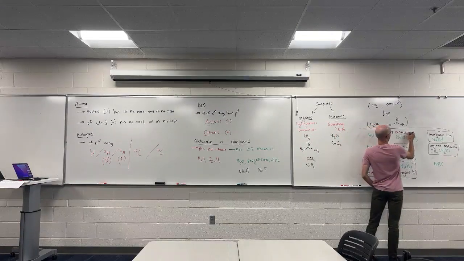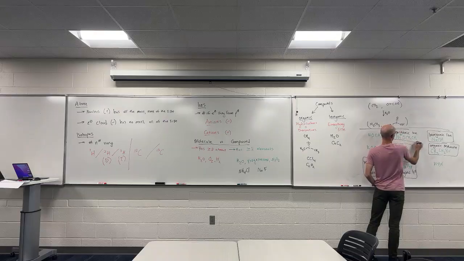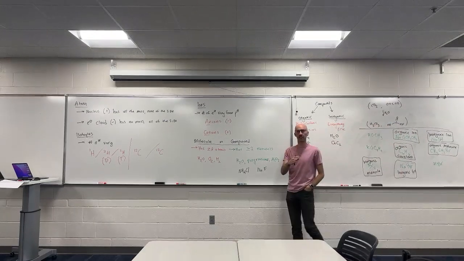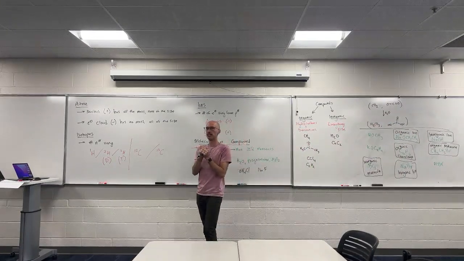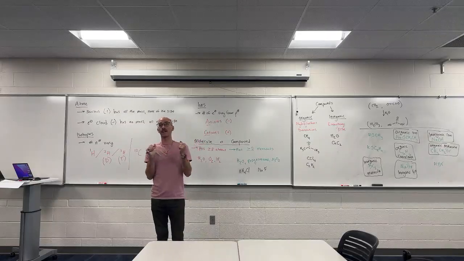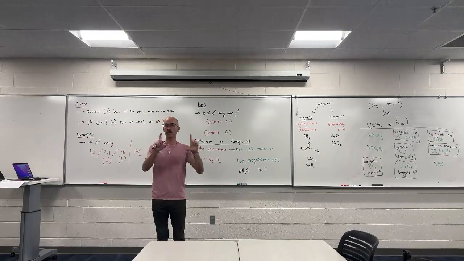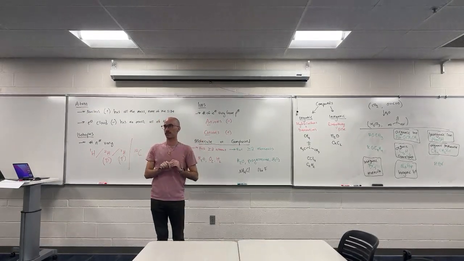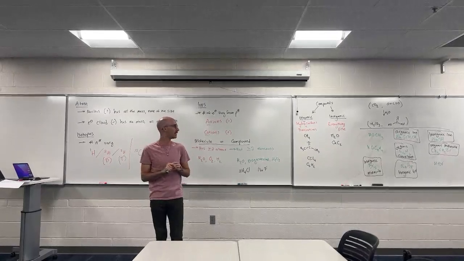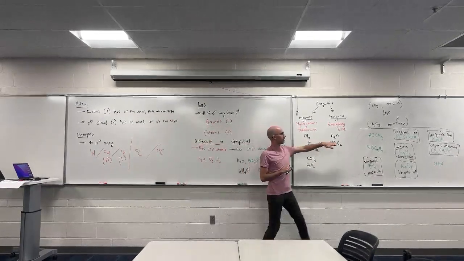Good. I've got a metal and non-metal, sodium and oxygen, written right next to each other, so there must be an ionic bond. And I've got a hydrocarbon chain, O to CH2CH3. Good. Organic ionic.